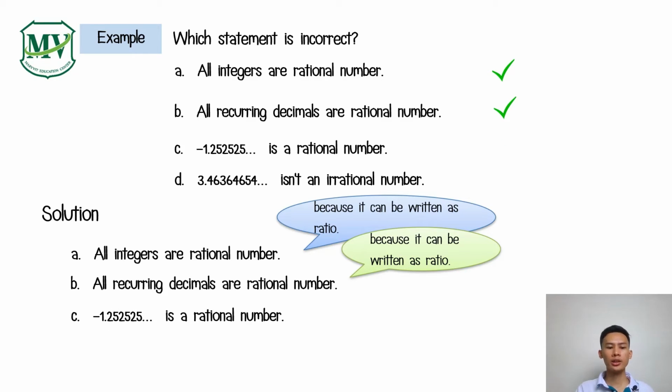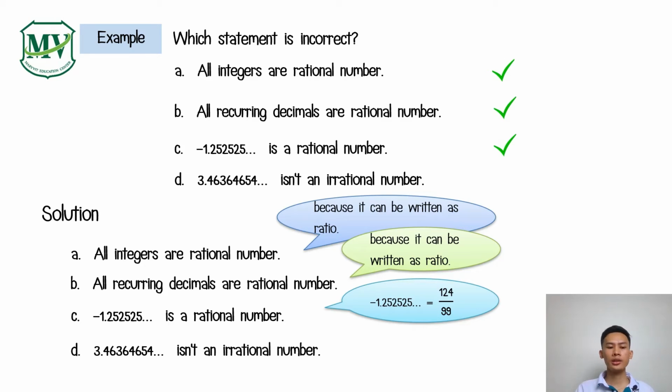In letter C, negative 1.252525... is a rational number because negative 1.252525 is equal to negative 124 over 99.